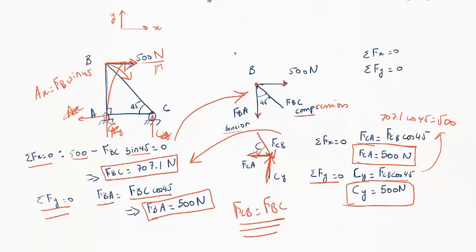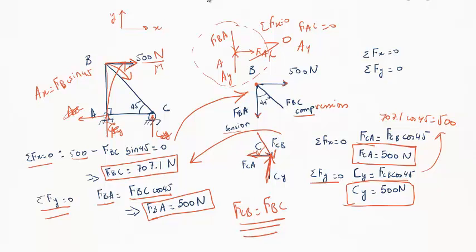And also we can do it at pin A. Let's see, what do we have? We have AY, we have FBA, and also we have FAC. Now if you look directly, you can tell that FAC is 0 because to keep this in equilibrium we need the sum of the forces in X equals 0, and FAC is the only force, so this has to be 0.